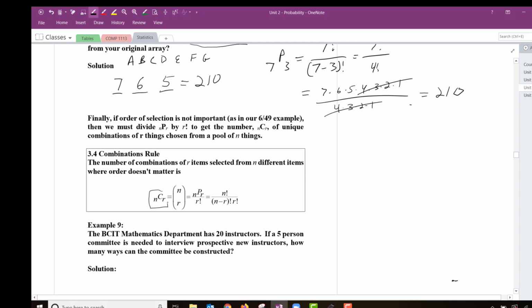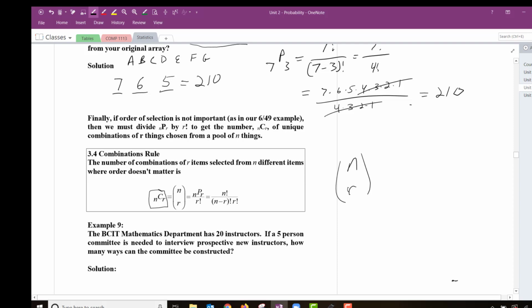It's nCr, where we take the number of permutations and divide it by the number of permutations you can have in each subset. So the notation nCr, sometimes we write it as n choosing r. This isn't a fraction, it's just n choosing r.